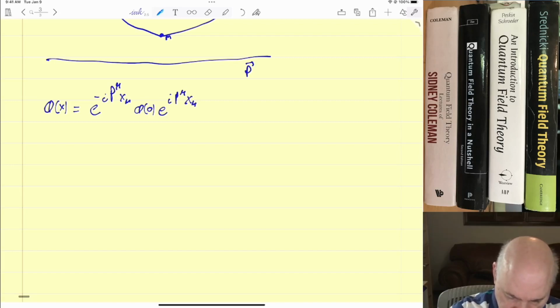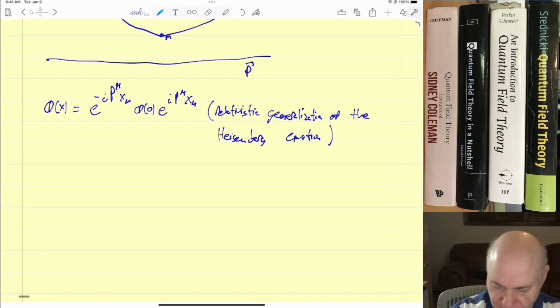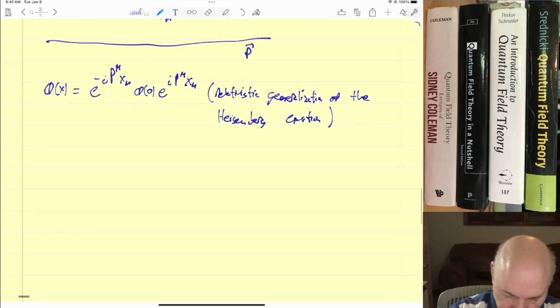This is the relativistic generalization of the Heisenberg equation in quantum mechanics. In quantum mechanics, we would just deal with the energy. This would be replaced by E, and X would be replaced by T. So we just get e to the minus iEt and e to the iEt. X sort of goes along for the ride.